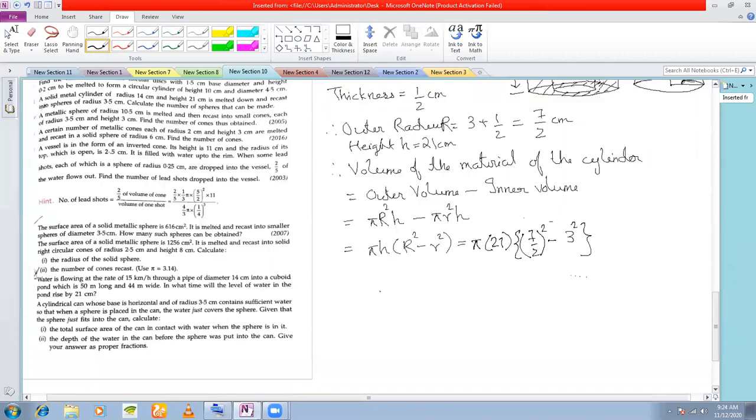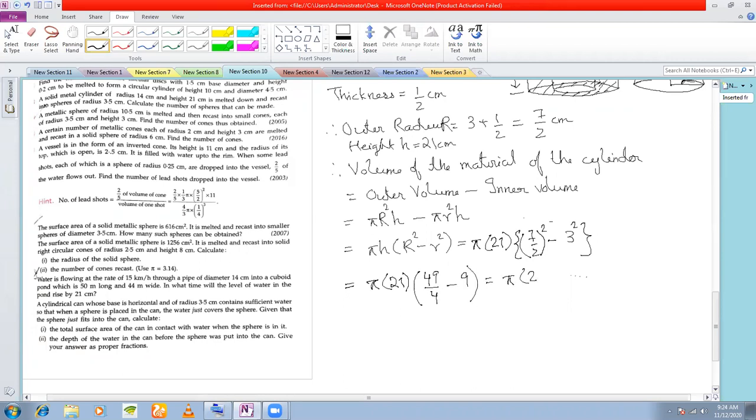So pi into 21, and you can simplify this a little: 49 by 4 minus 9.